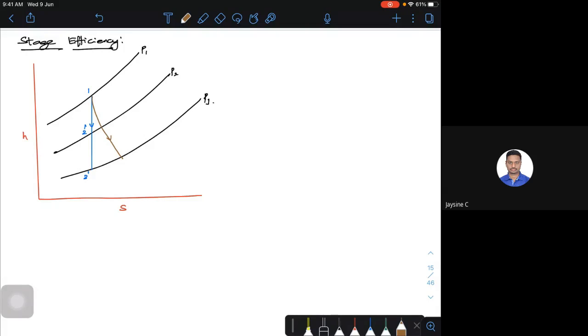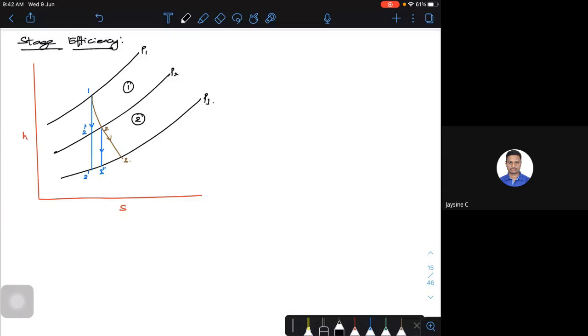So this is my point 2, this is my point 3. Here also, between stages, I can find out the isentropic work done. Maybe I call this 3 double dash. If I look at the stages, this is the first stage and this is my second stage.